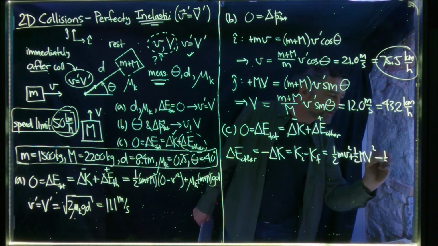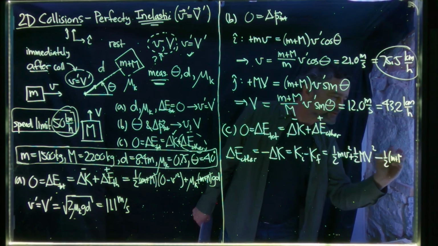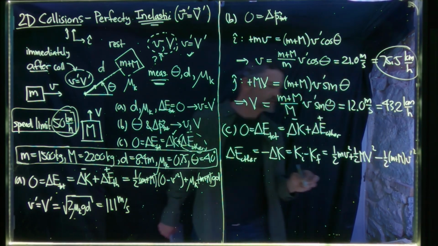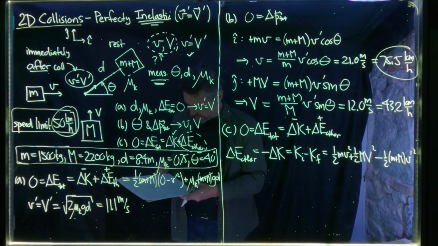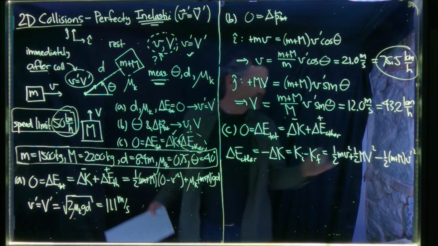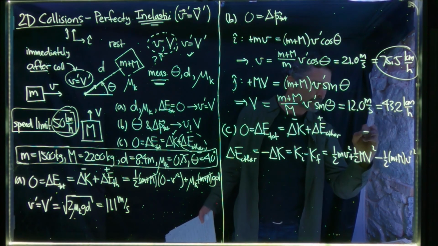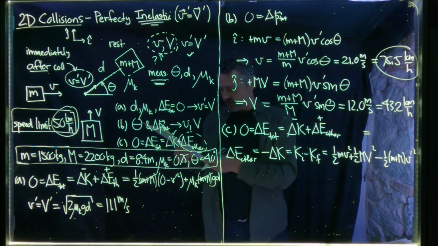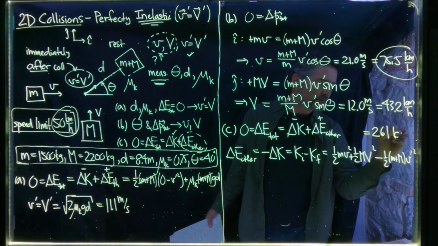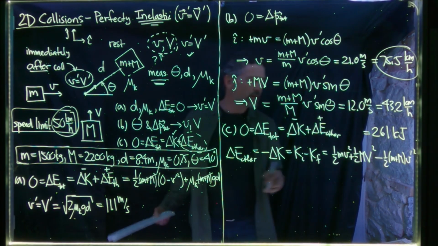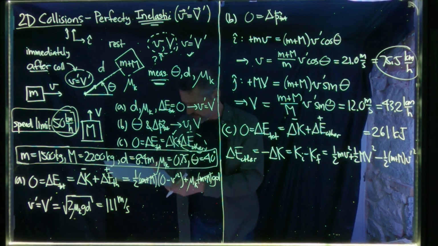So minus 1/2 (little m plus big M) times little v prime squared. We know all of the velocities, and this turns out to equal delta E other, 261 kilojoules. Kilojoules, 1,000 joules: 261,000 joules.